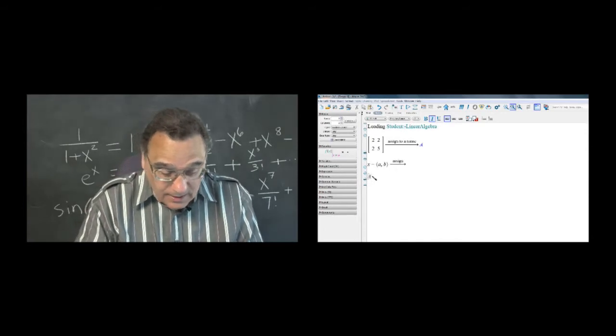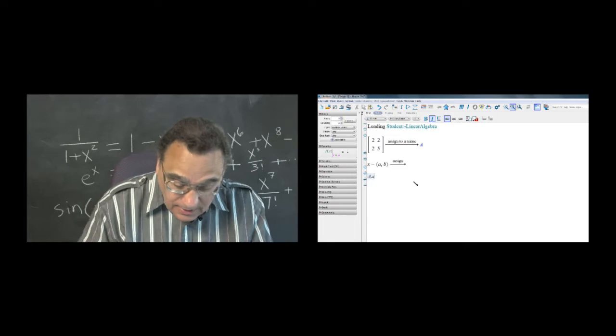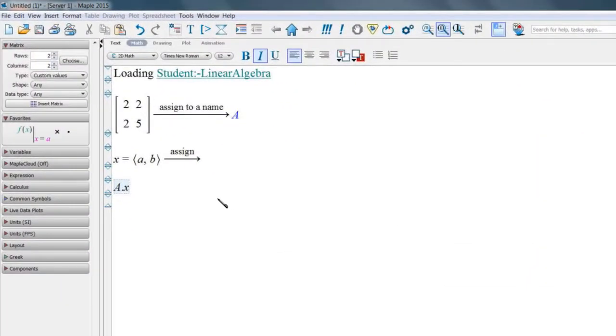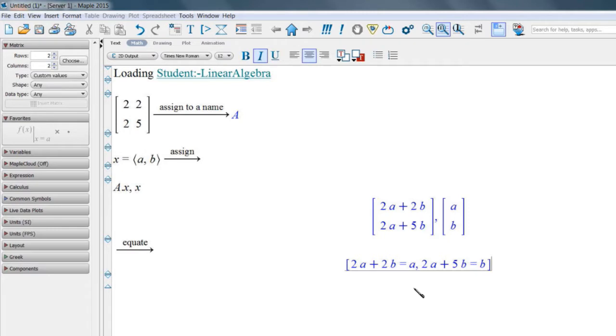So here's AX, and I put a period for non-commutative multiplication. Can that equal X? Well, this is a vector, and this is a vector. I want to know if they are component for component equal. The right-click context menu gives me an equate. So this forms the two equations that correspond to equating components.